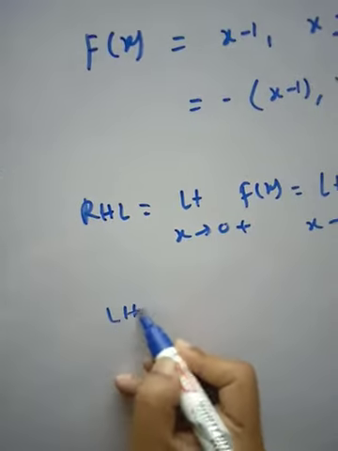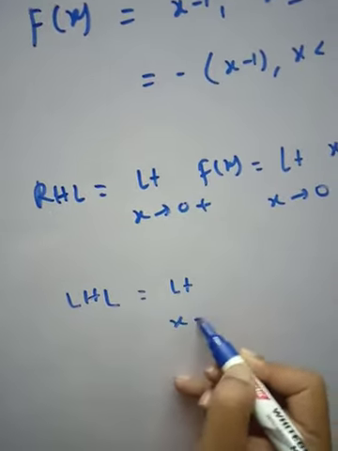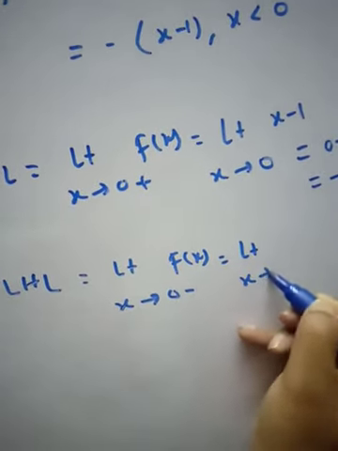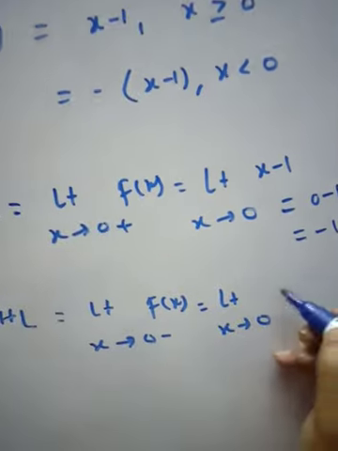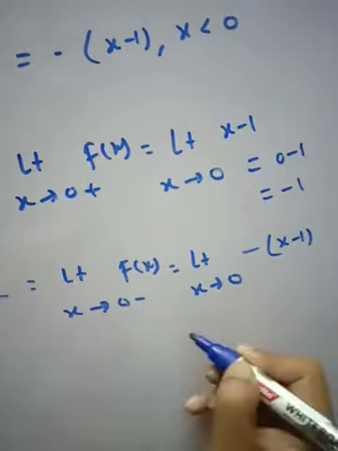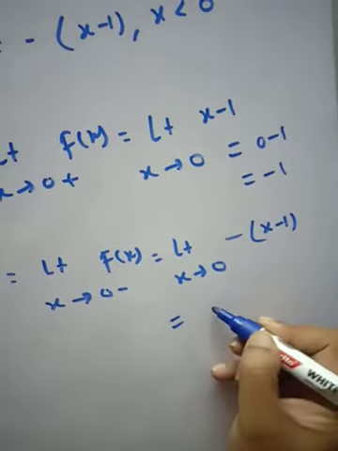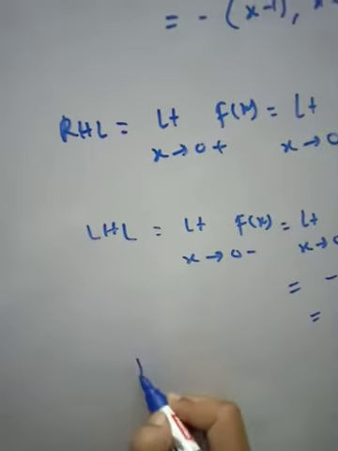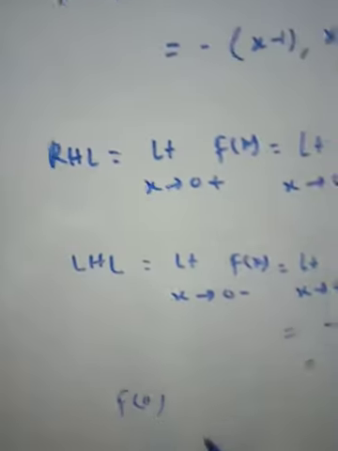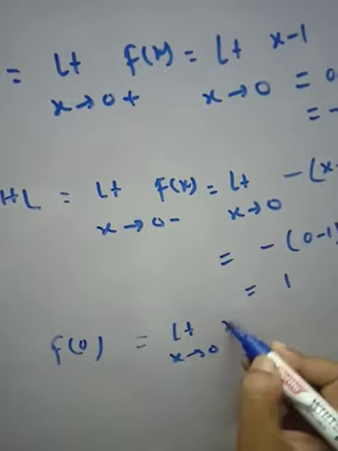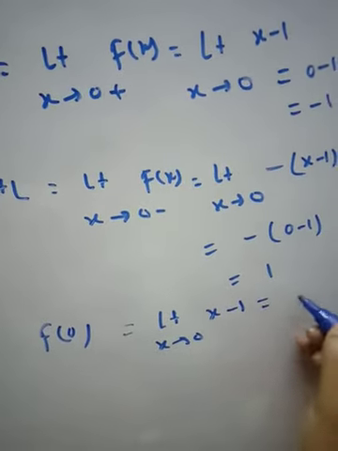The left hand limit is limit x tends to 0 minus f(x). For x less than 0 we have minus x minus 1, so putting 0, minus 0 minus 1... that is, minus x plus 1, so it will be 1. And what is f(0)? The equality is here, so f(0) will be 0 minus 1, so it will be minus 1.